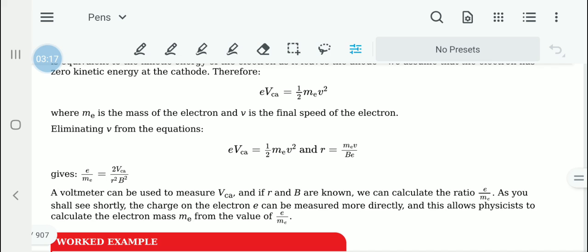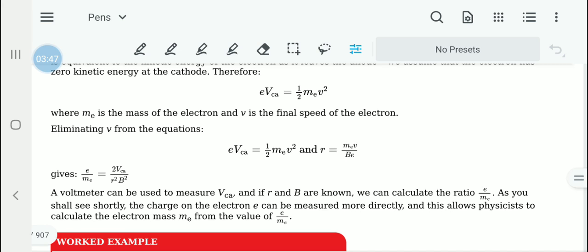me is the mass of the electron and v is the final speed of the electron at the anode. Then we can remove v from the equation. eVCA equals half me v squared, and R equals me v upon Be.